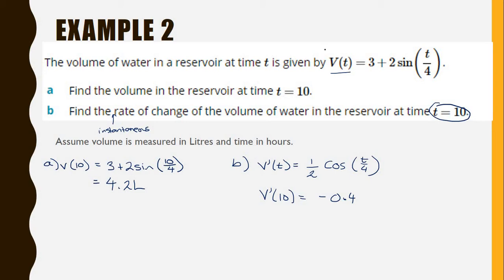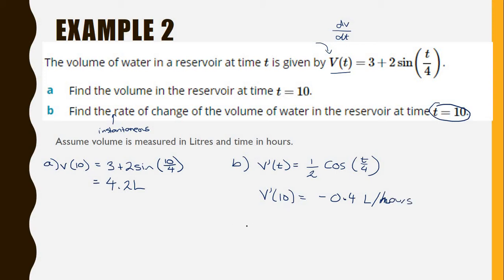In order to determine the units, the other way that we could think about this is we've differentiated volume with respect to time. So that means our units are our units of volume divided by our units of time, which was hours.